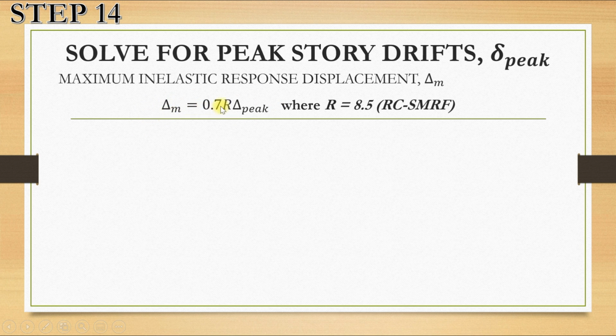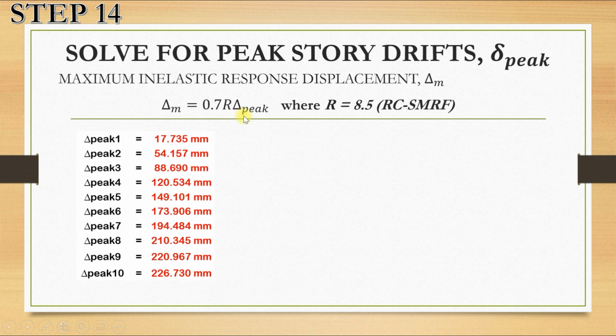Delta M is equal to 0.7 R delta peak, where R or yung overstrength factor is equal to 8.5, the reinforced concrete special moment resisting frame.